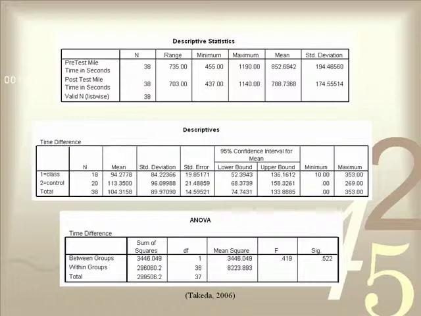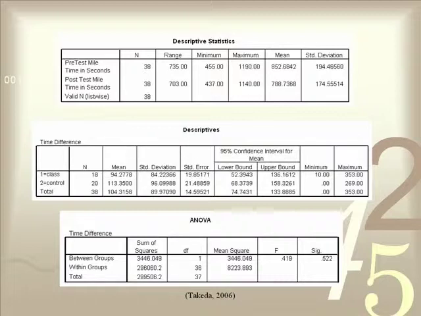The pre-test score was 852.6842 seconds, and post-test was 788 seconds. So it went down. So there was some kind of change there. We don't know if it's a significant change or not, but there was a change in the time in the two tests.